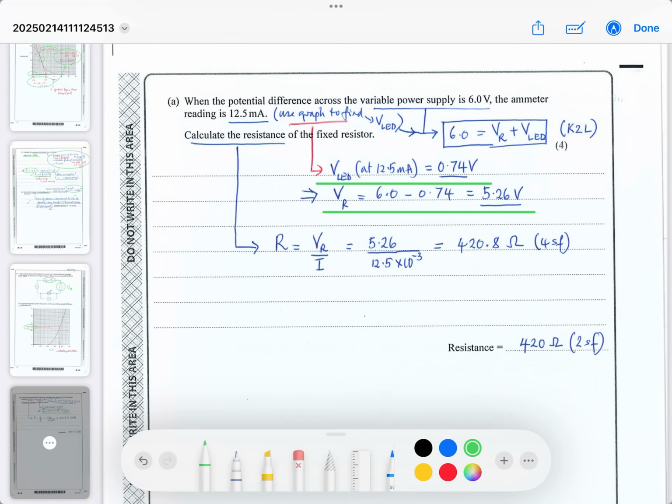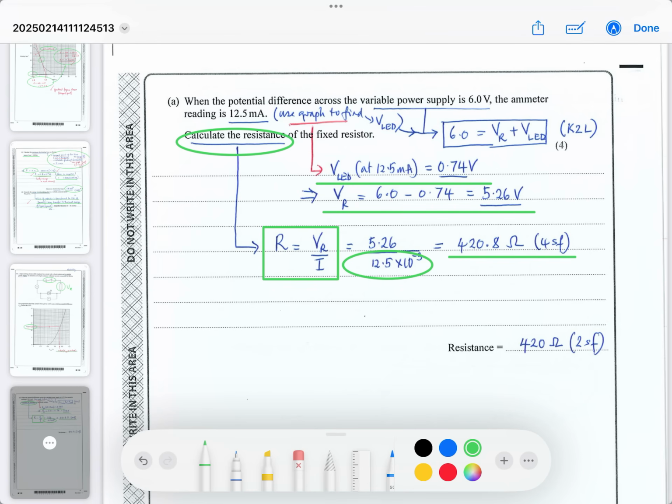Once you know that, they want you to calculate the resistance of the fixed resistor. Well, we know that they're in series, so it will get 12.5 milliamps. And you know the resistance is equal to the voltage across the resistor divided by the current through it, and you get 420.8 ohms to 4 significant figures.